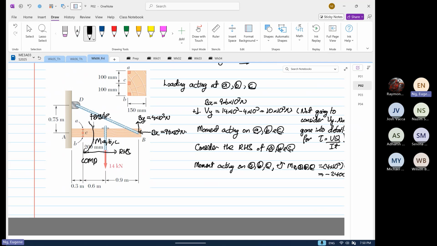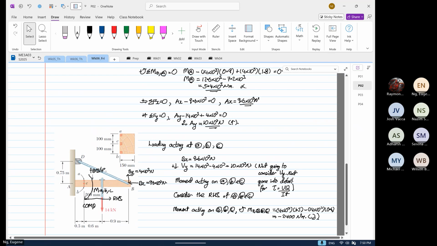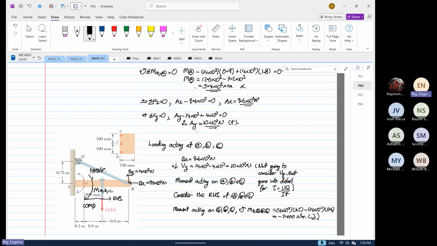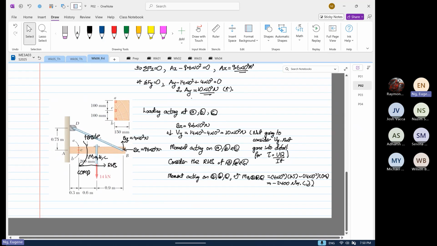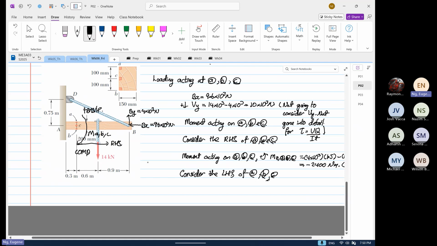Now, let's consider the reaction. We have the reaction at A, and we also have AY. So now I'm going to consider the left hand side of points A, B, and C. I'm going to sketch this out.